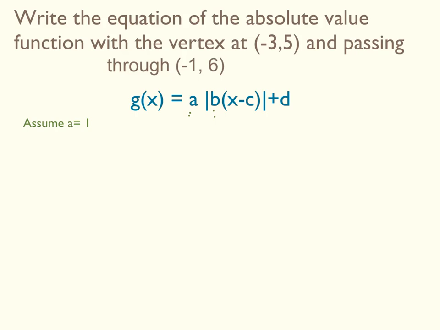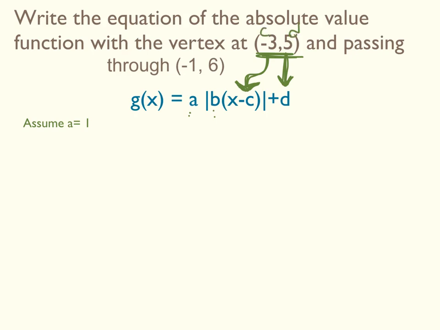All the numbers they gave us fit into this equation because the vertex -3, 5 is going to be our C value because we're going to go left 3, and then our D value because we're going to go up 5. And sometimes you've seen this as H and K instead for your vertex. So I know that C is -3 and D is 5.